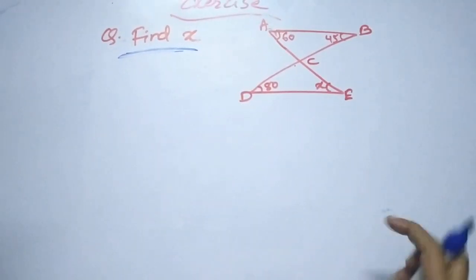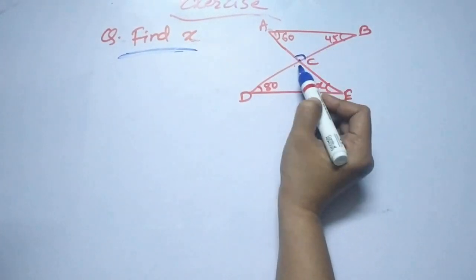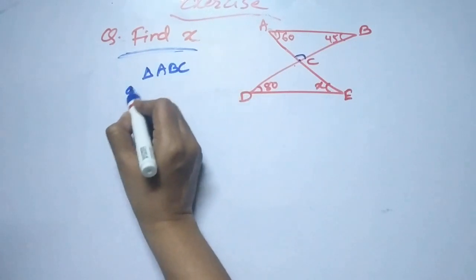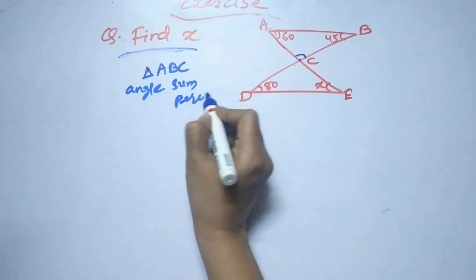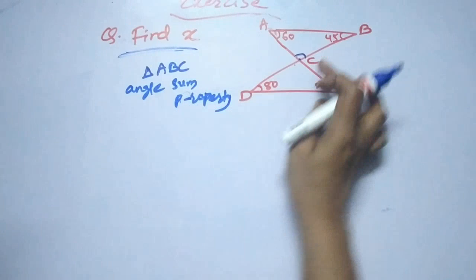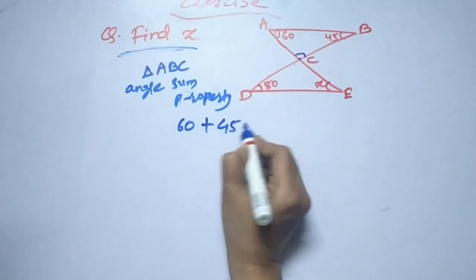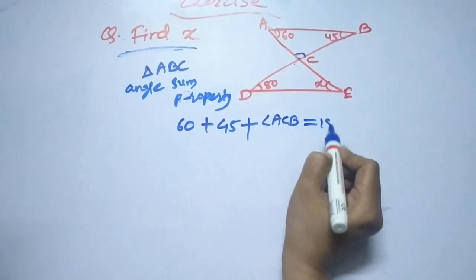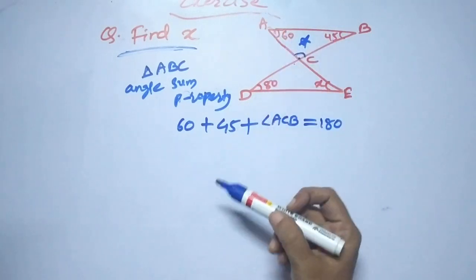So friends, first of all we need to find out this x. For this case we'll find out this angle first. So friends, in triangle ABC, by using the angle sum property, I am going to find out first of all this remaining angle. So 60 plus 45 plus this angle ACB is going to be 180 degrees. Here I'm taking the sum of three interior angles.